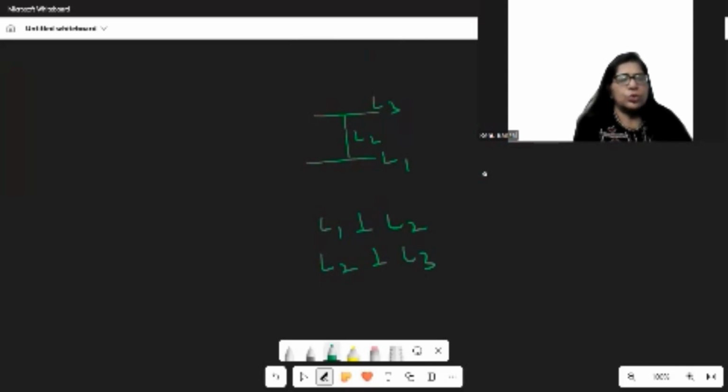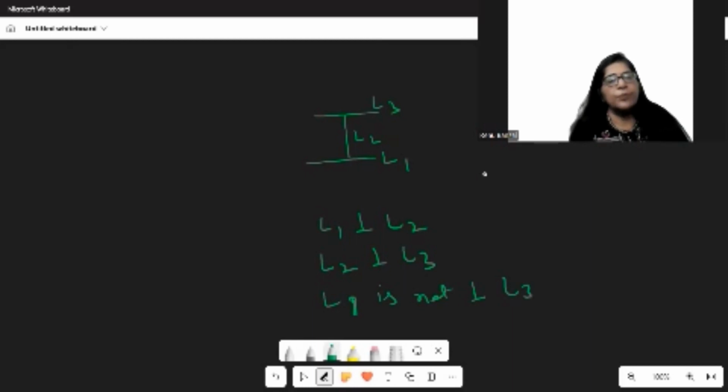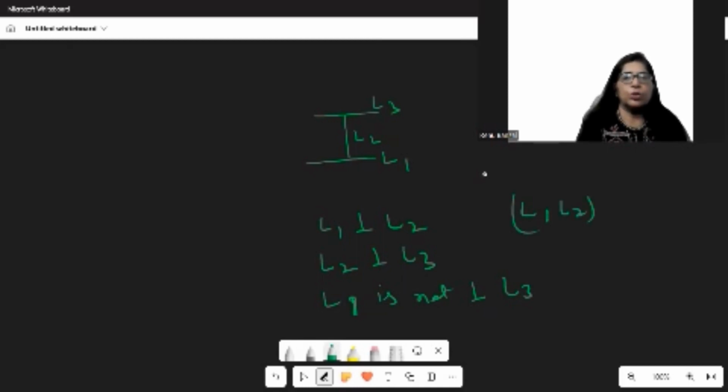No. So (L1, L2) belongs to the relation, (L2, L3) belongs to the relation, but (L1, L3) does not belong to the relation.